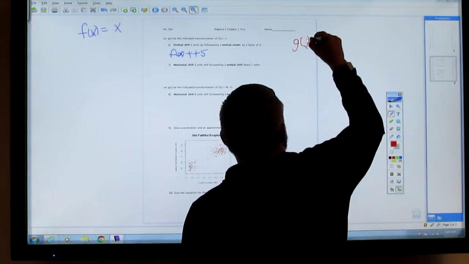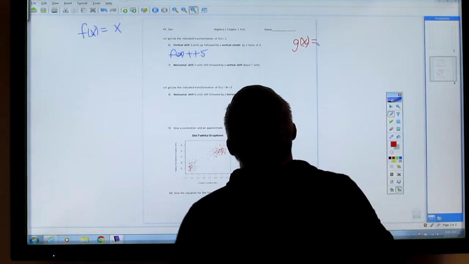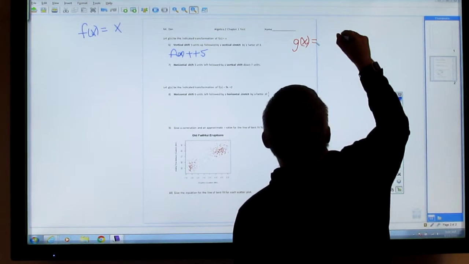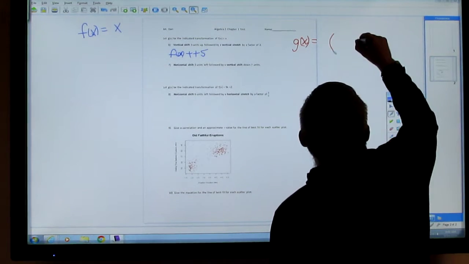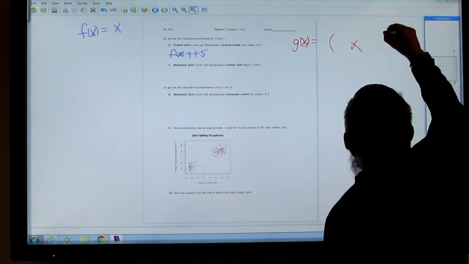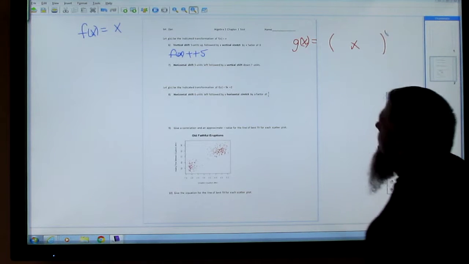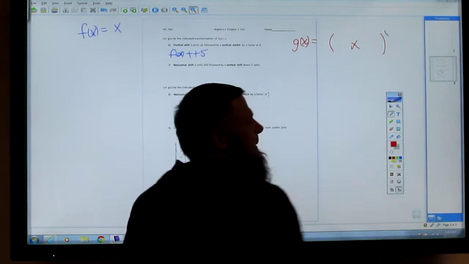Bugs me. g of x is equal to space, parentheses, space, x, space, parentheses, a 1. Why a 1? Why am I putting a 1? Because what's the exponent on x? 1. Okay, and then I leave some space over here.